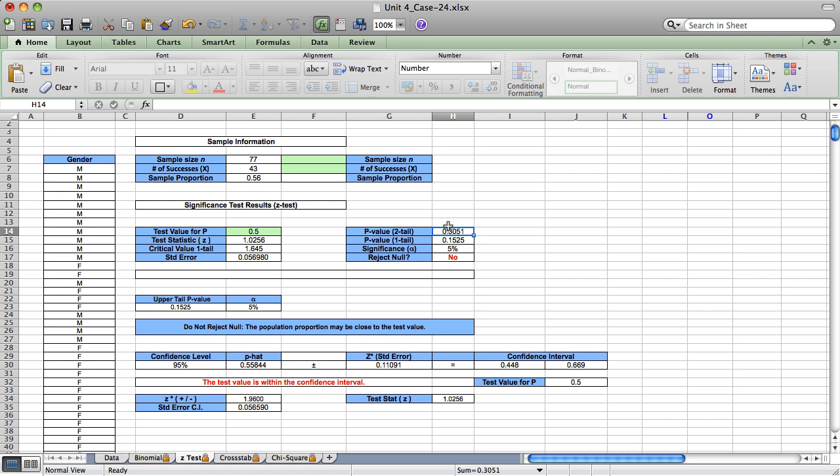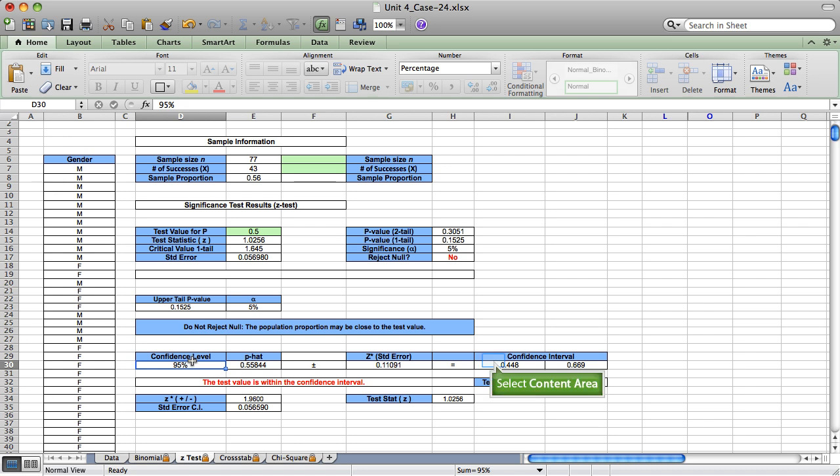So quite clearly, here we would fail to reject the null hypothesis, which allows us to conclude that the proportion of women in the population is still probably close to 50%. We could estimate at 95% confidence what that true population proportion of women is.